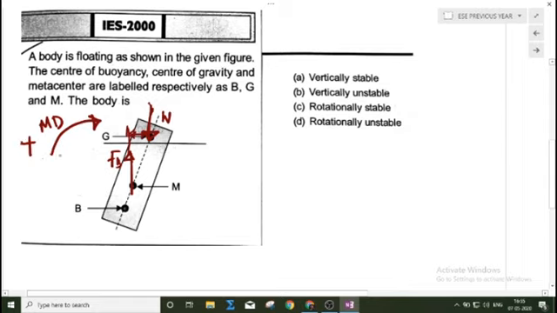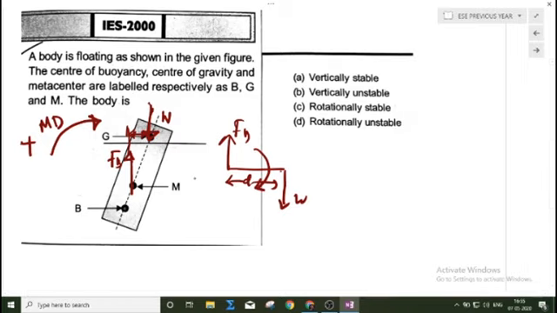W acts downward and FB acts upward, and this creates a clockwise moment. Instead of restoring the body to its original position, it will try to rotate the body further.